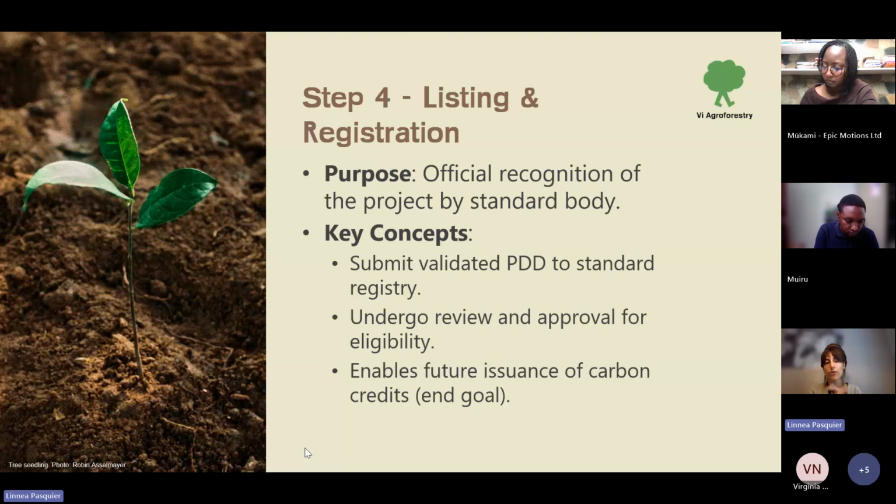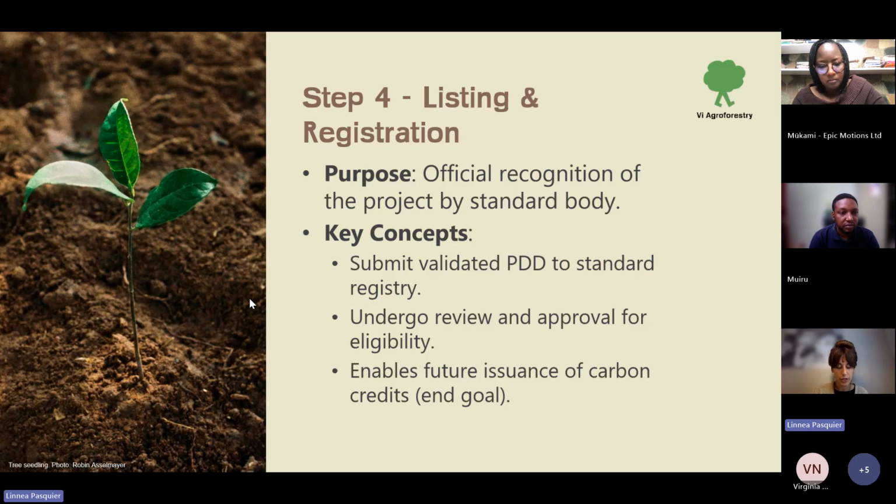This is step 4 in this sequence. It is to get the recognition of the project by the standard body. So what this includes is that you submit the PDD to the standard registry, and they will review the entire PDD and then approve it for eligibility. This is why the eligibility concepts are also so crucial.